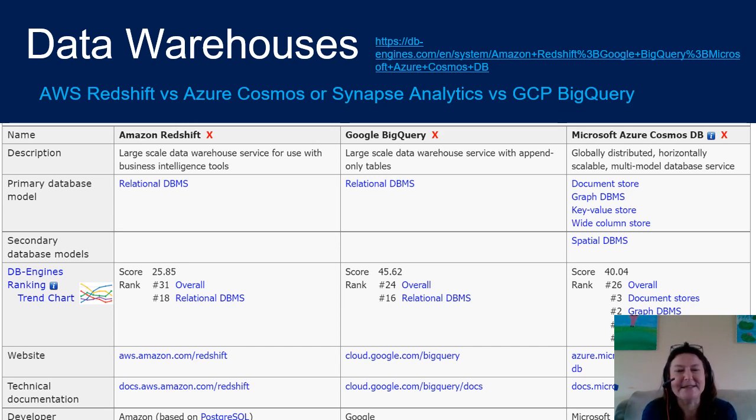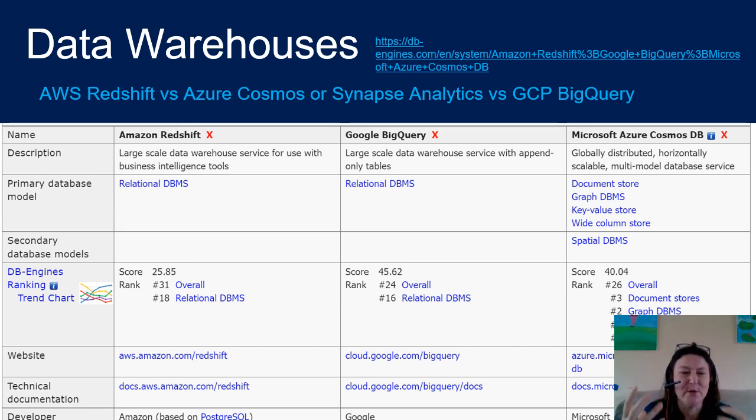Cosmos has a number of layers that you can see Cosmos through, if you like. One is a document store layer, which is more like a MongoDB interface to Cosmos. There's a graph layer, which makes Cosmos look like a graph database, which I think is called Gremlin, I think. And there's also a key value store option and a wide column store.